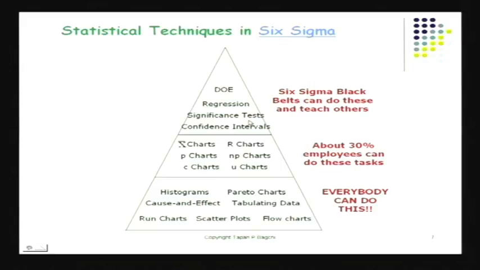And Six Sigma uses this, the top of the pyramid. Six Sigma very heavily uses these techniques. So every black belt should know techniques from top to bottom. Every black belt should really know all the techniques that are there, and especially they should be focusing on this, and they should be able to help other people who are trying to use DOE or regression.